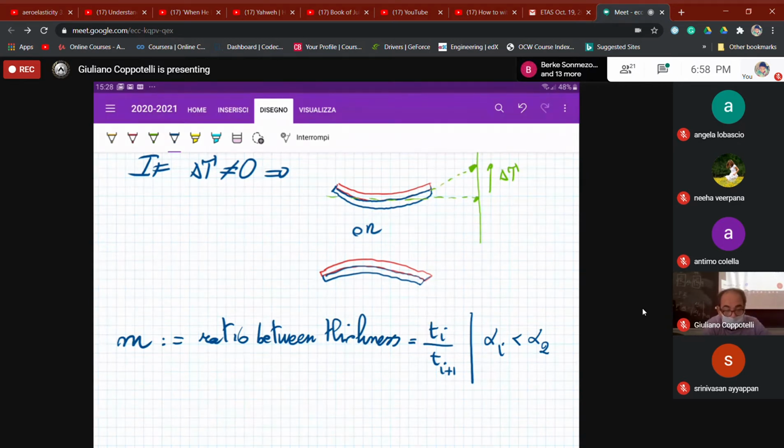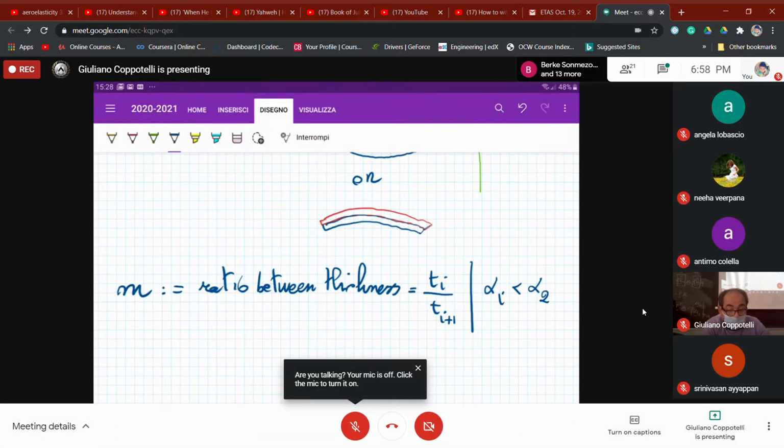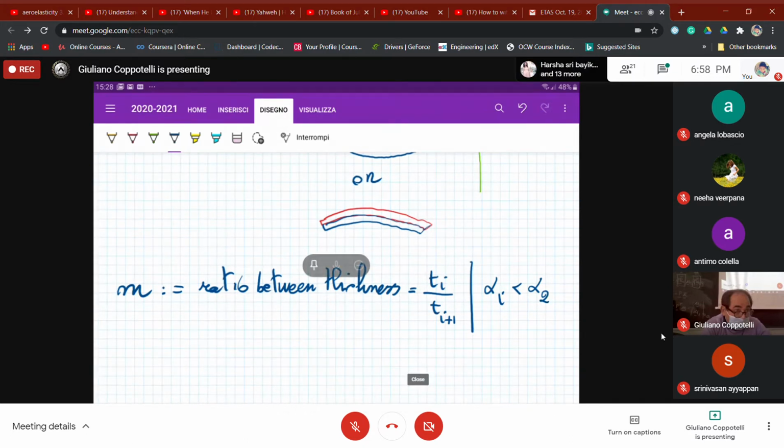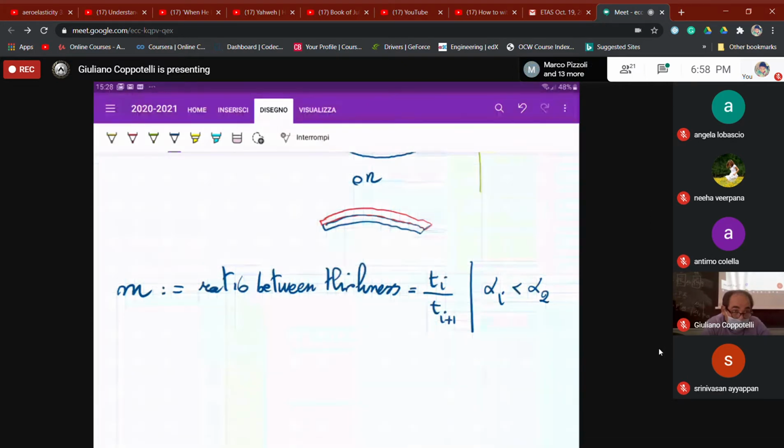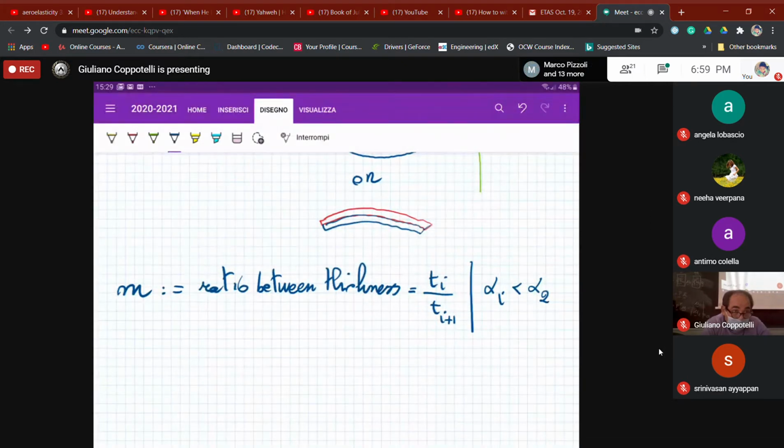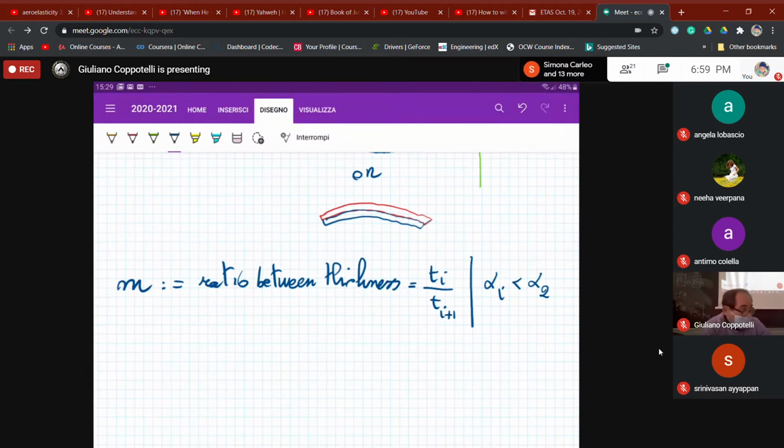M is equal to the ratio of the thicknesses. So what does it mean? You name the foil having the material characterized by the linear thermal expansion alpha i, that is less than alpha i plus 1, and then you get the thickness.